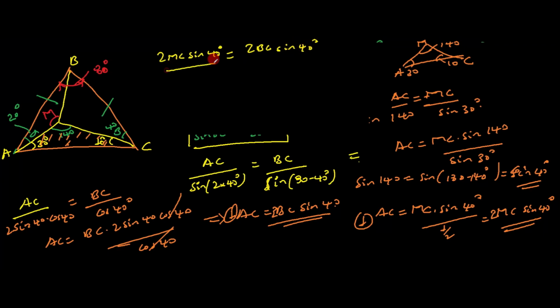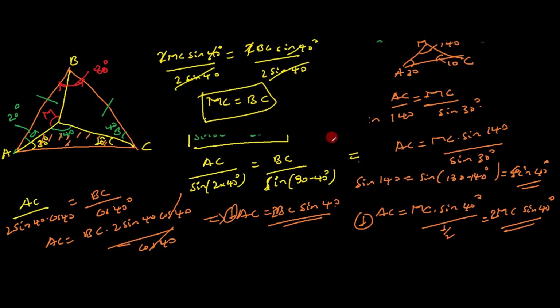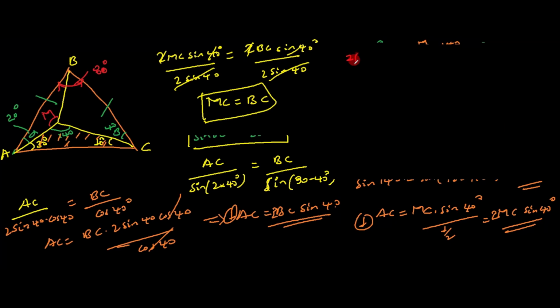So let us divide both sides by 2 sine 40 degree. This one cancels with this one. So that means MC is equal to BC, right? This side is equal to this side.